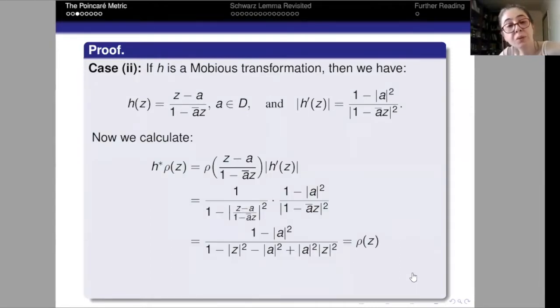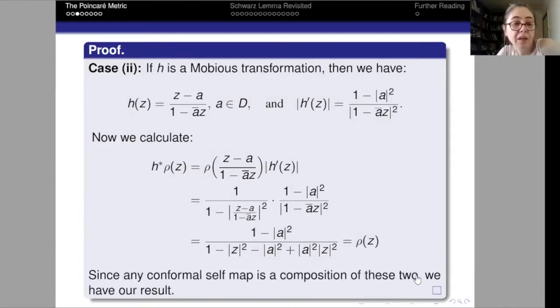So we put that in the equation and do the necessary calculations and find out that it is actually equal to rho of z. So when you take a conformal self-map, it is a composition of these two. So actually we have our results.